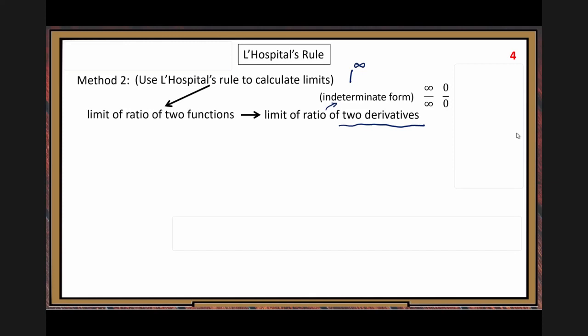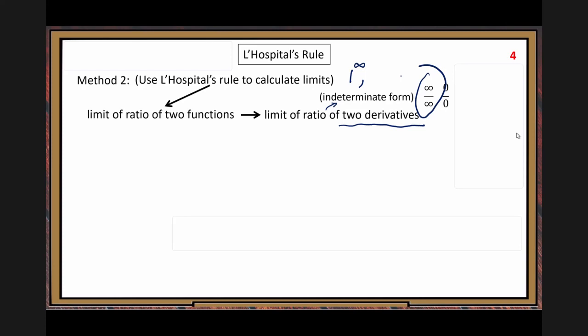And there are several other indeterminate forms. But for this class, we only consider the first one, the infinity over infinity indeterminate form, because our growth functions can only grow to infinity.